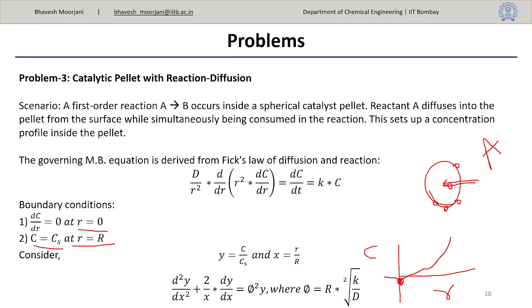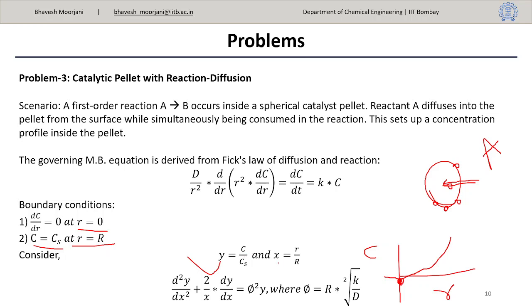Now when you modify this equation, instead of dealing with the concentration and the radius, we have converted it into dimensionless numbers, where y represents the concentration ratio at a given instant r, so y is equal to C by CS.